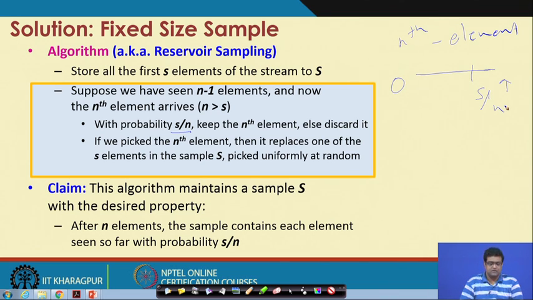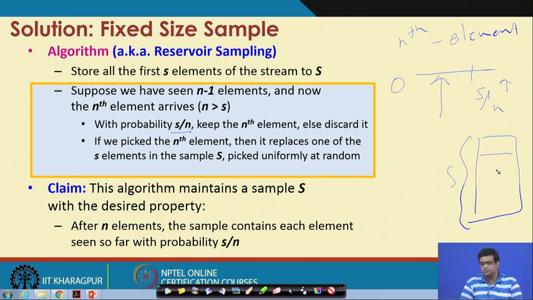Now, if you have decided to keep the element, that is, your coin has landed in this portion of 0 1, or you have generated a random number which lies in this portion of the number line, then you already have a set of s elements that you had stored in this memory.